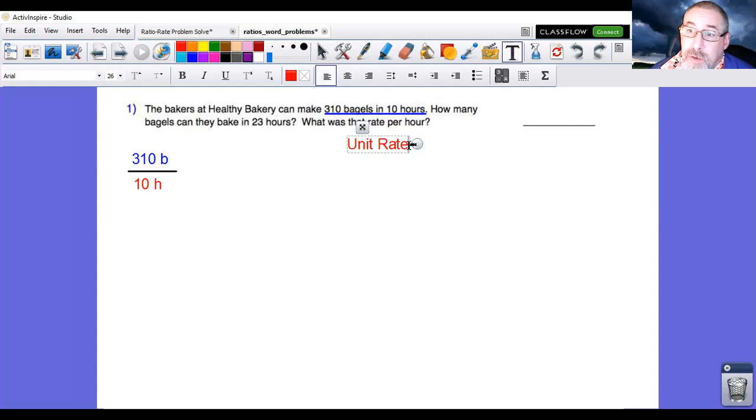And of course, we know that our unit rate is set to where the value is 1. And in the notes, all we did was divide the numerator by the denominator. So if we do that, 310 divided by 10 is going to give us 31 bagels per hour.